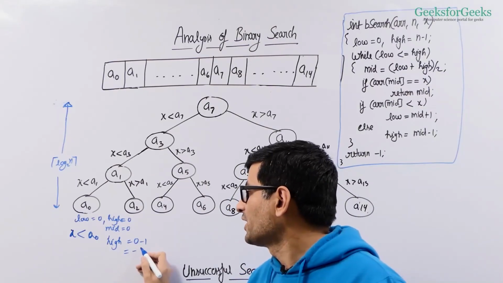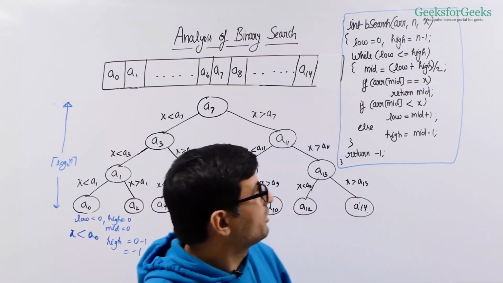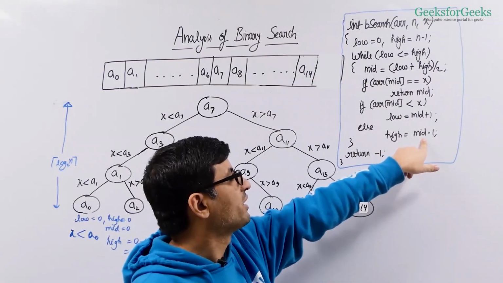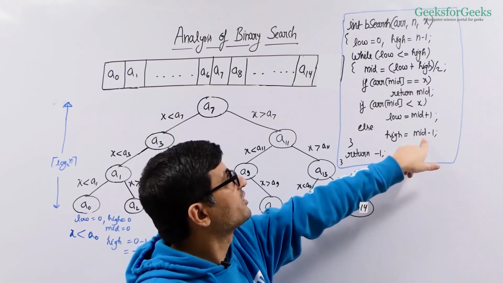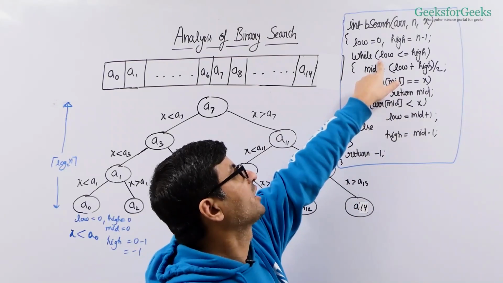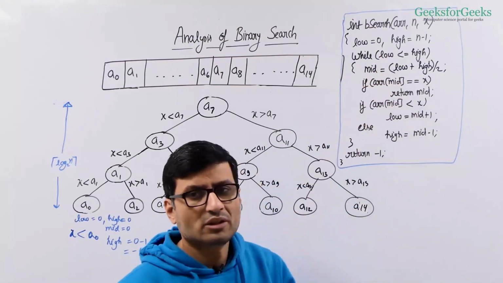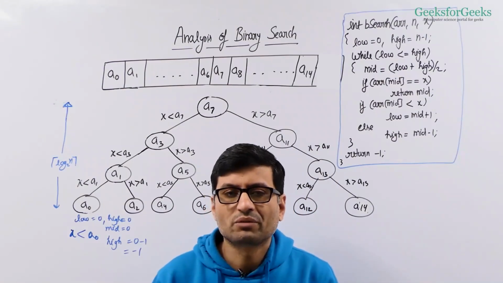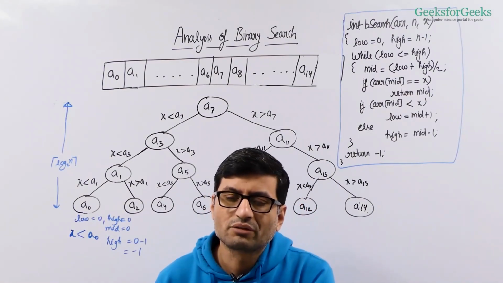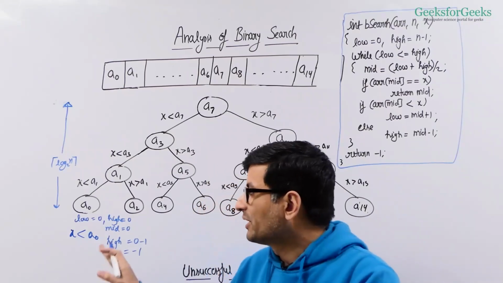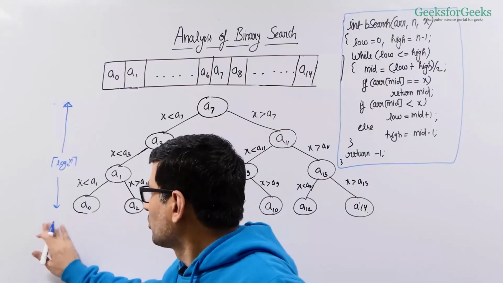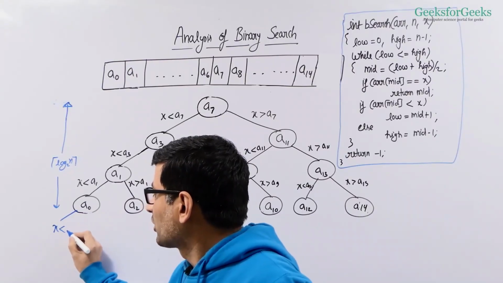So we make high equal to minus 1, and low remains 0. So we do not enter into the loop next time. So we again do 4 iterations of this loop only, when we do not have this element in the array and when the element is smaller than A0. So we'll do 4 iterations of this loop when X is smaller than A0.